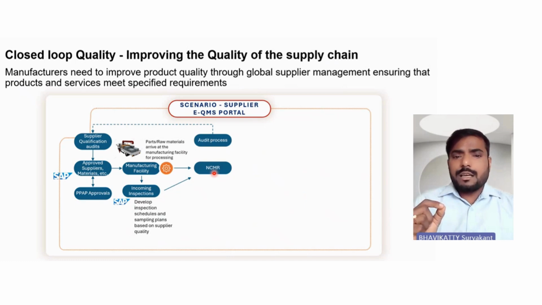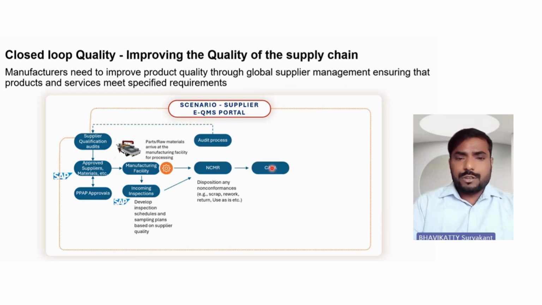If the NC is raised due to internal stakeholders, then you have to get the CAPA from the internal stakeholders. If the non-conformance is related to the suppliers, then a SCAR will be generated. This SCAR needs to be received from the suppliers. This is how it is linked with the SCAR and, for internal stakeholders, the CAPA.